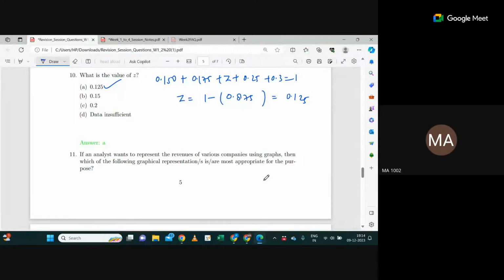The question says if an analyst wants to represent the revenues of various companies using graphs, then which of the following graphical representations is most appropriate for this purpose? The purpose is to represent the revenue of various companies.